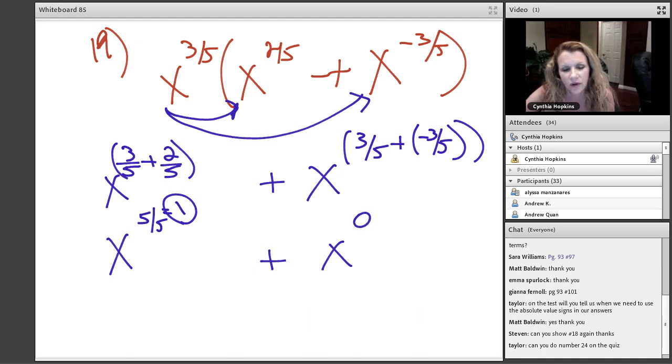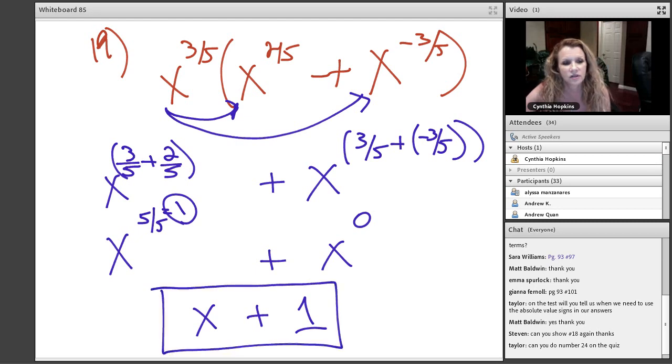Well, those cancel each other out, and I just get 0. So what is anything to the 0 power? It's the number 1, the whole thing. And then here I have x to the first, so I'm not going to write the first power. And there's my answer. Okay, that was number 19. All right, number 25.